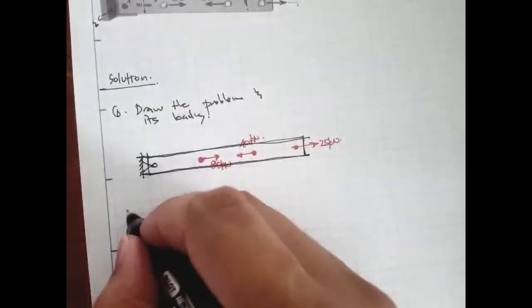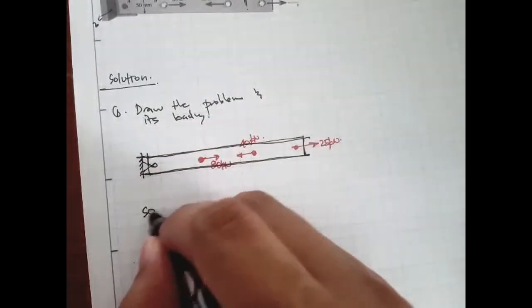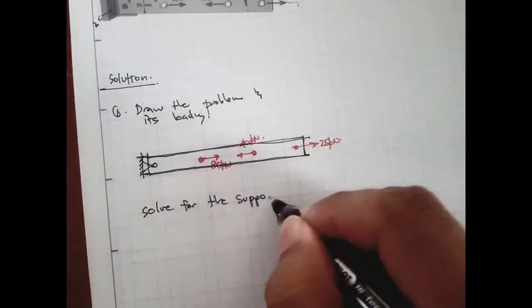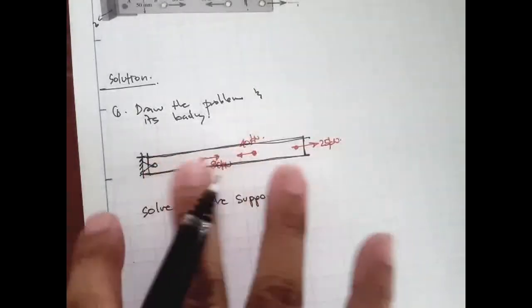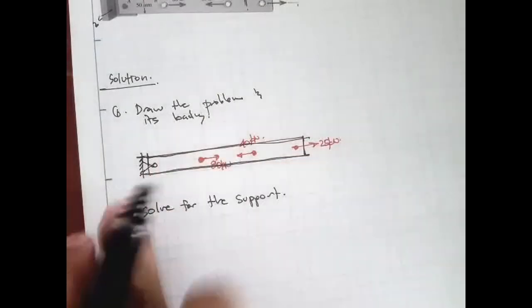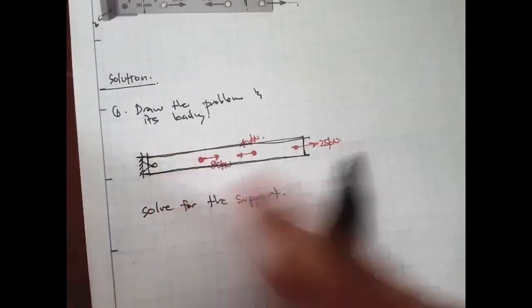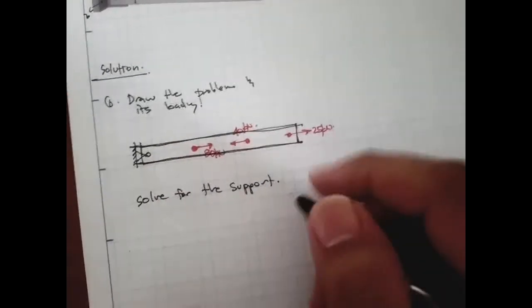So first, let's solve for the support reactions. That's always the case. If we have these external loadings, we have to find first the support reactions before we can solve for the internal forces.